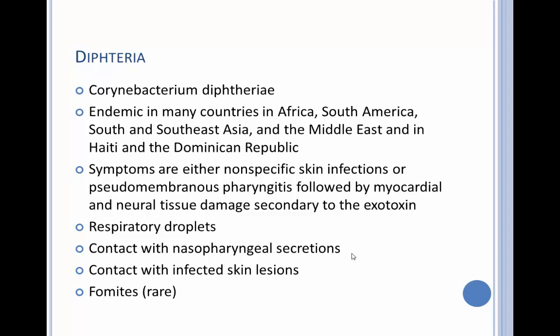Basically, it's very rare. Humans are the only known reservoir for Corynebacterium diphtheriae, and it's spread by respiratory droplets, by contact with nasopharyngeal secretions, by contact with infected skin lesions, and even fomites. A carrier state is common in endemic regions in countries such as South Africa, Asia, and even Haiti and Dominican Republic.